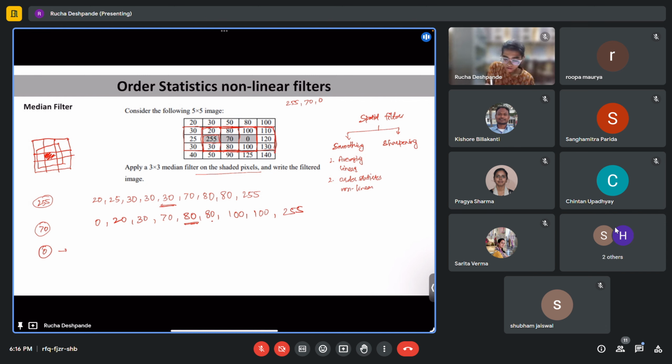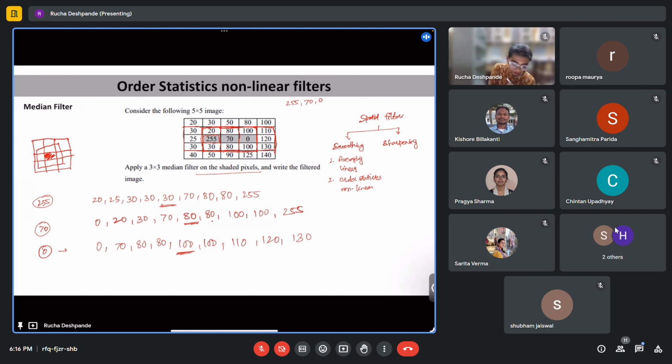So we will arrange it in ascending order. So this is my value.